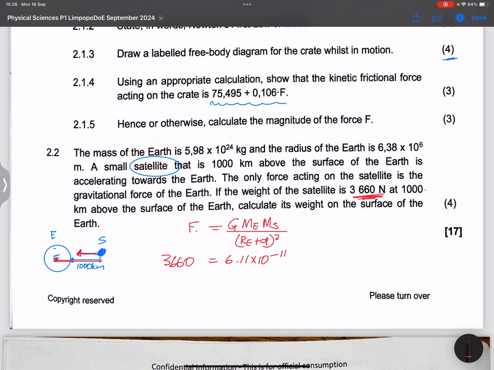So the mass of the Earth, we've got it over there, that's 5.98. The value of G, I don't think that's the correct one.